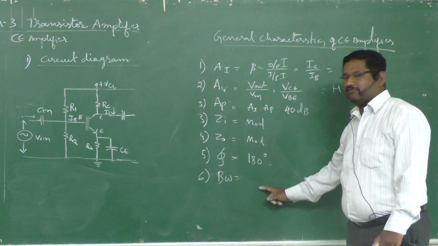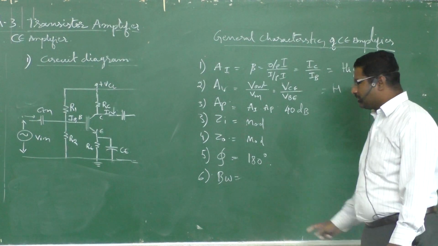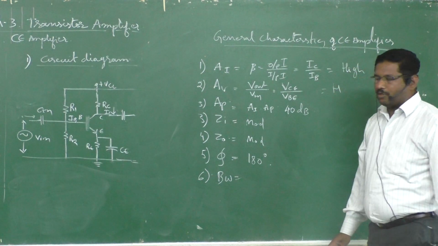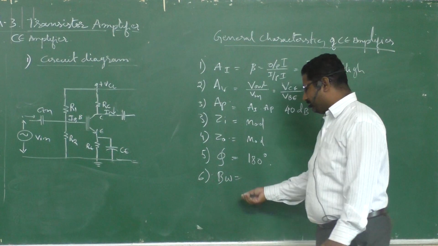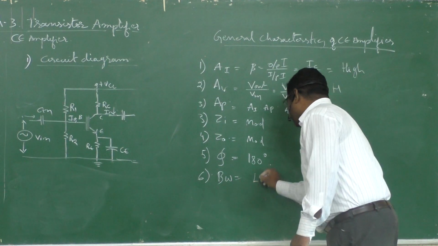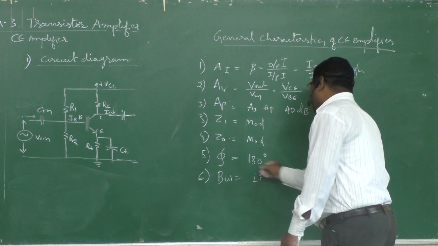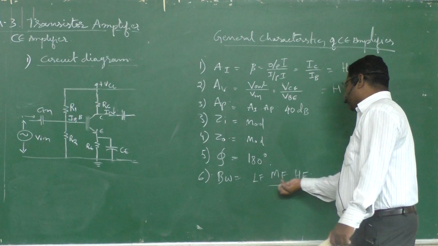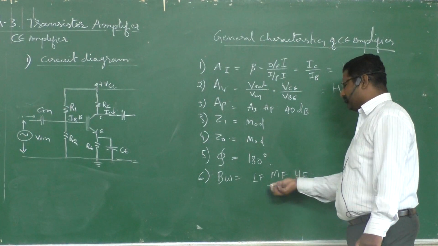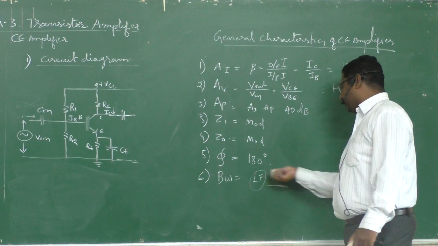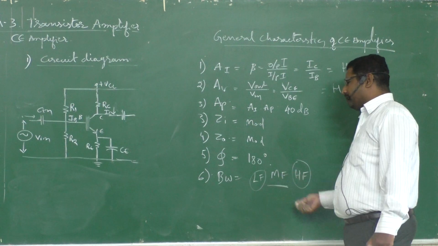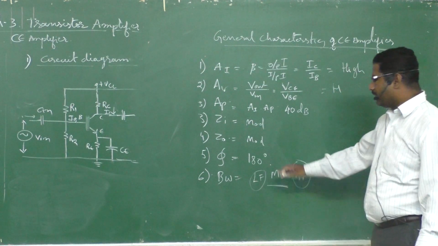And what about the bandwidth? So for lower frequencies, for mid frequencies, and for high frequencies, here it is operating. So how is it acting? Here it is giving a very high response to the mid frequency, and for the low frequencies and high frequencies, the response will be less.